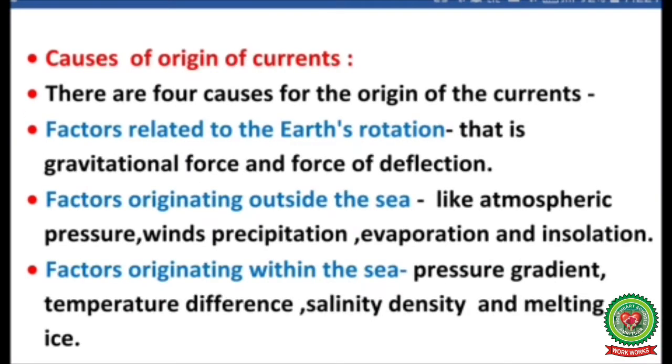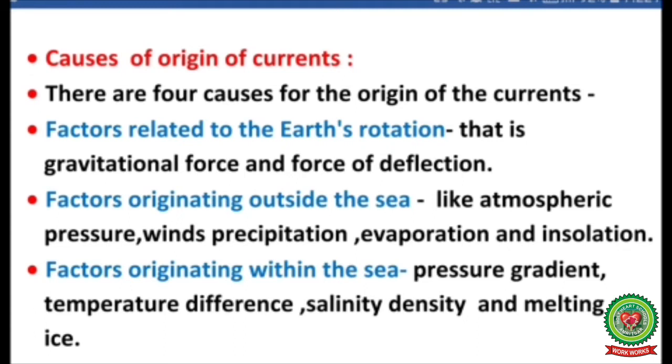Now, let us see the various causes of origin of currents. The origin and nature of the movement of currents are related to four sets of factors. The first set of factors is related to Earth's rotation, which are gravitational force and force of deflection.